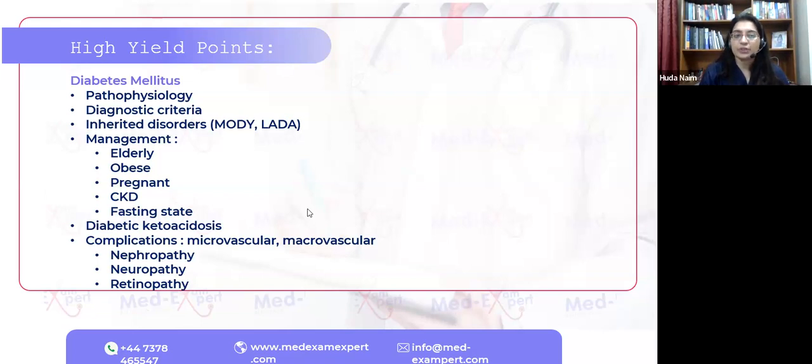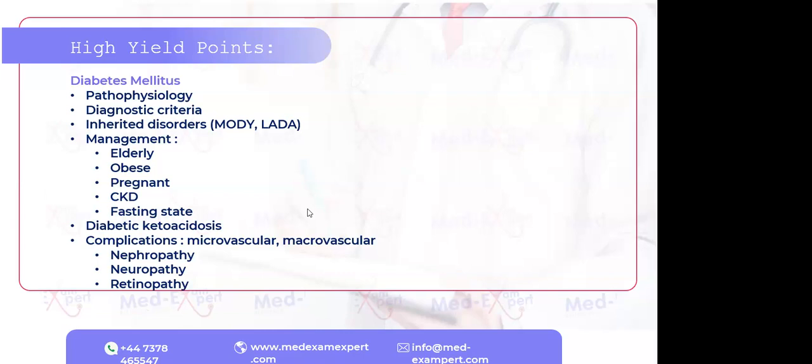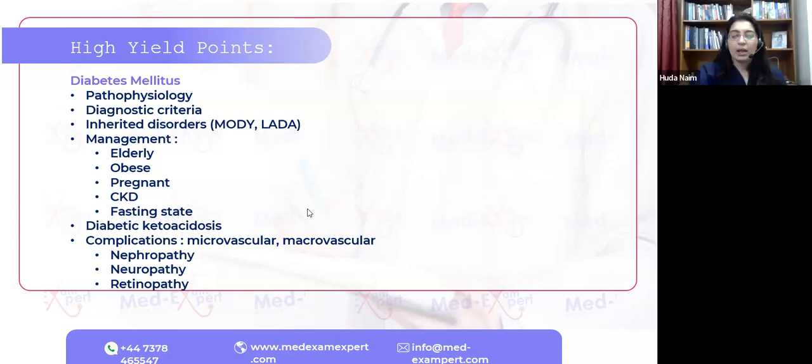What are the different mutations, and how would you manage these patients? Especially in the elderly population, you would avoid sulfonylureas. If the patient has a low creatinine clearance, how would you adjust the doses? If the patient is pregnant, if the patient has CKD, if the patient is in a fasting state, how would you manage all of these conditions?